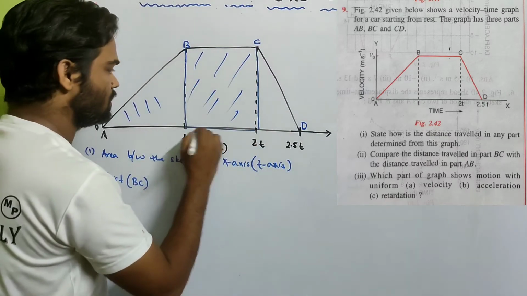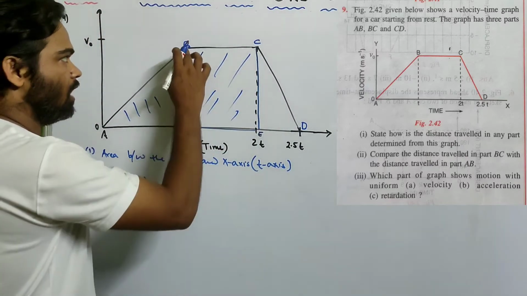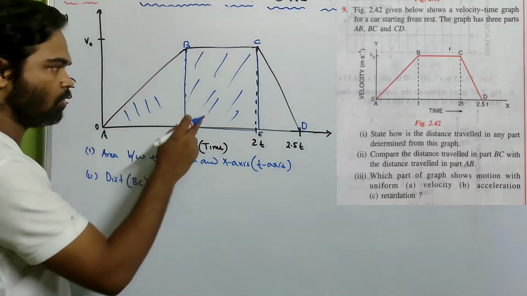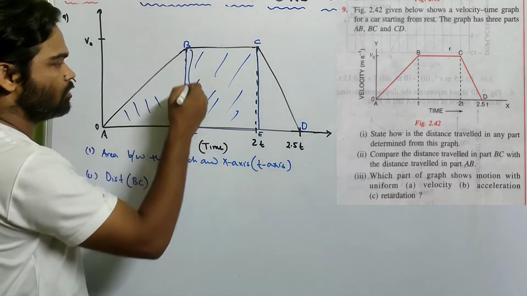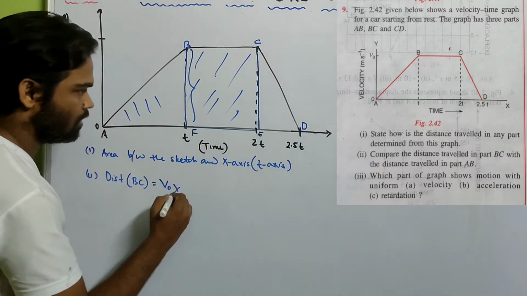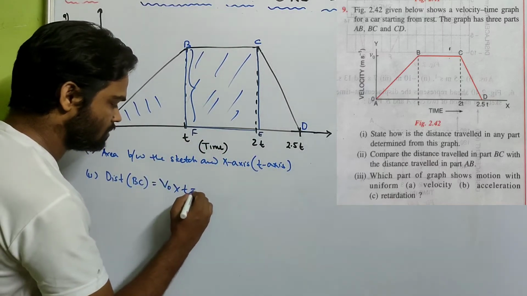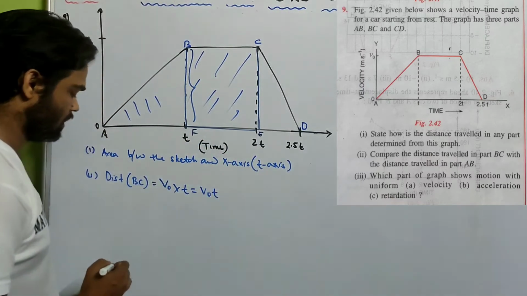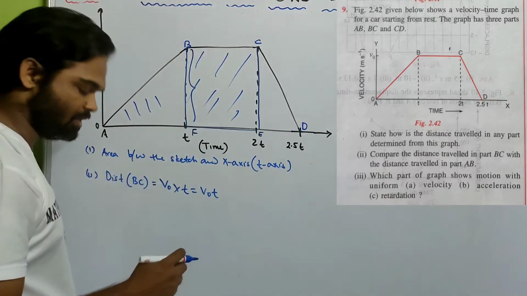Under this line you have this area. The area will be length into breadth. Suppose this is your length, which is V0, and breadth is 2t minus t, which is t. So V0t is the distance traveled during part BC.